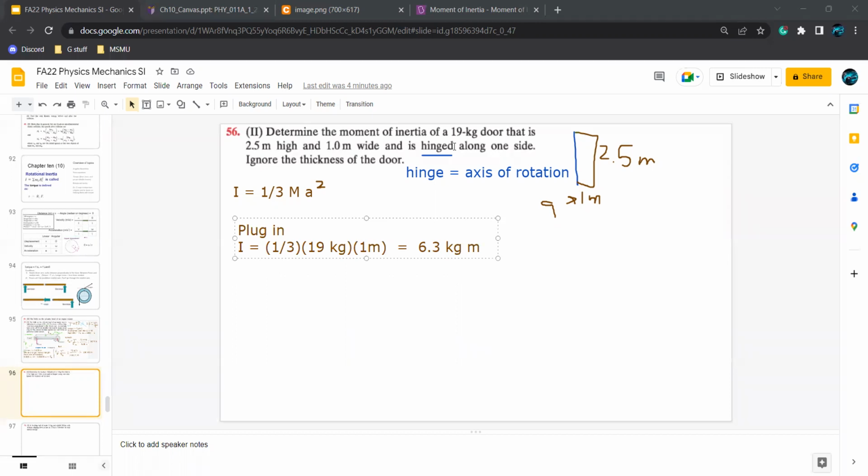I'll write in the squared right now. And I just got this for mass, and A is how far it is from the axis of rotation. That's where we got it. And then that's your answer. And you're done.